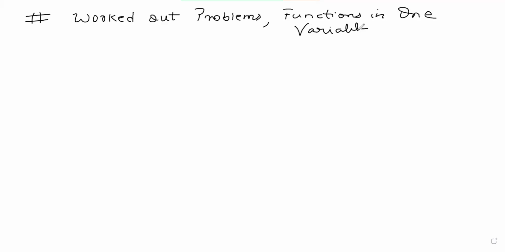These problems will be based on the concepts of straight lines, parabolas, circles, functions in one variable, and polynomials, which we have covered in our basic mathematical methods for economics course. Okay, so let's look at some of these practice problems.